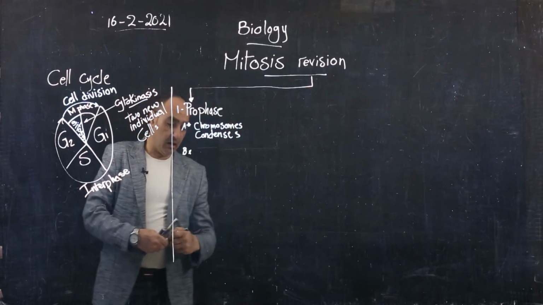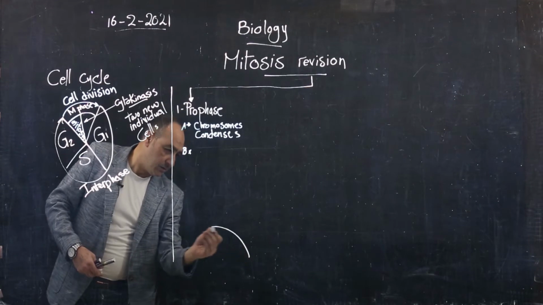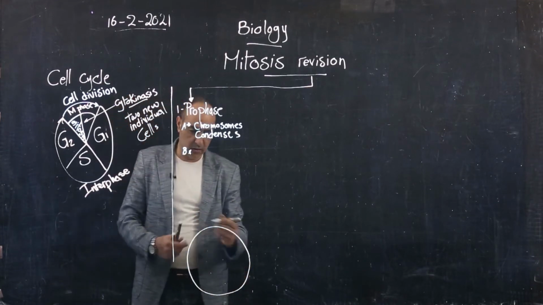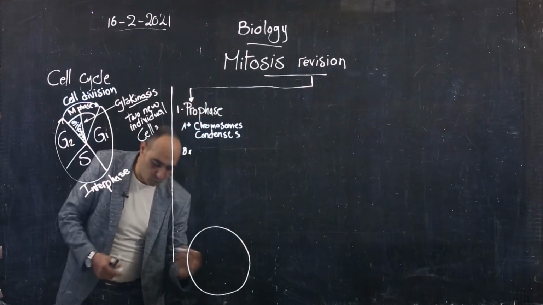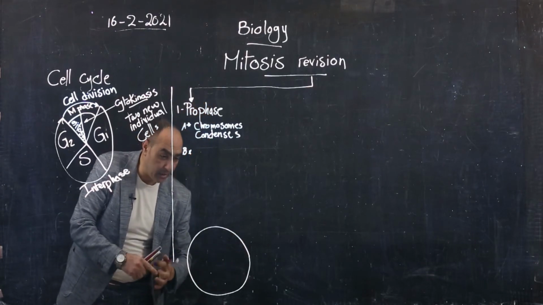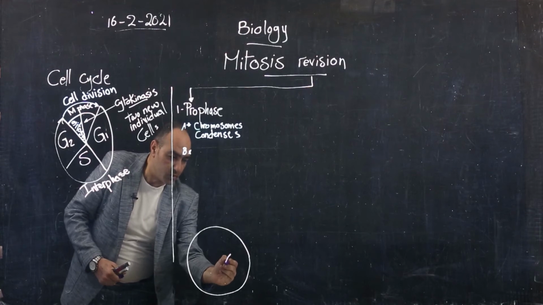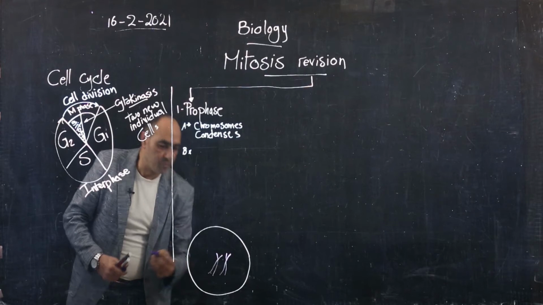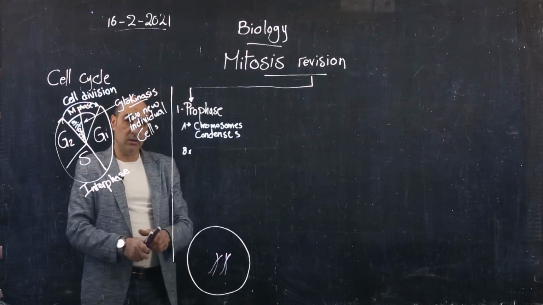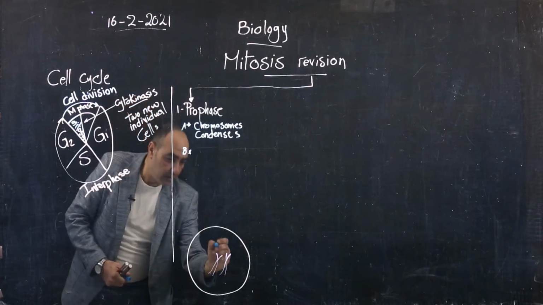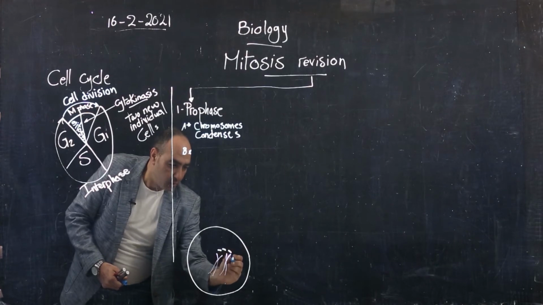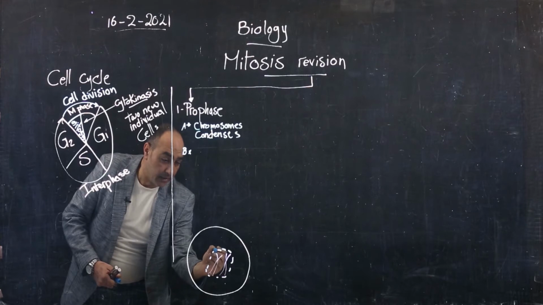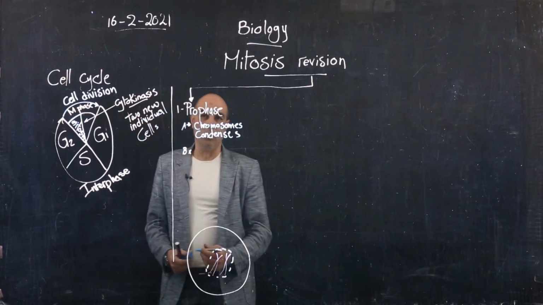So in the mitosis, you will find the chromosomes appearing as duplicated chromosomes. The chromosomes begin to appear, and the nuclear envelope, or the cover of the nucleus, the nuclear membrane, will begin to dissolve.